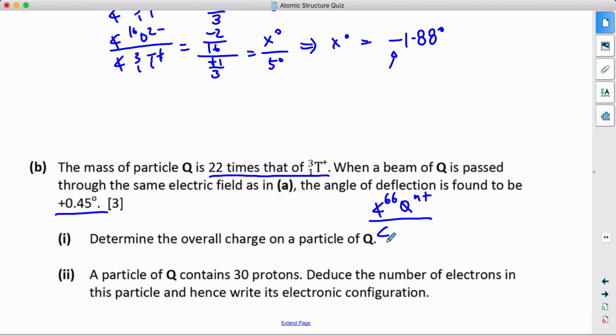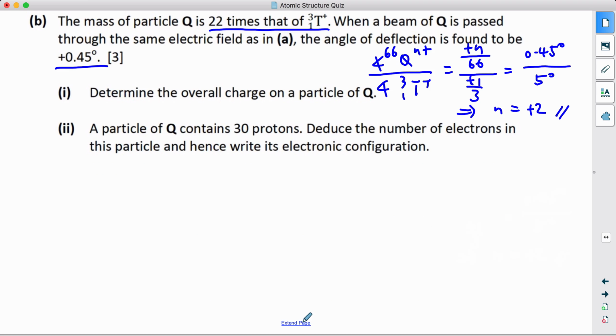When I compare against T+, this will be plus n over 66 divided by plus 1 over 3. This angle is 0.45 degrees and this angle is 5 degrees. If you solve it, n will be equal to 2. So the overall charge is plus 2.